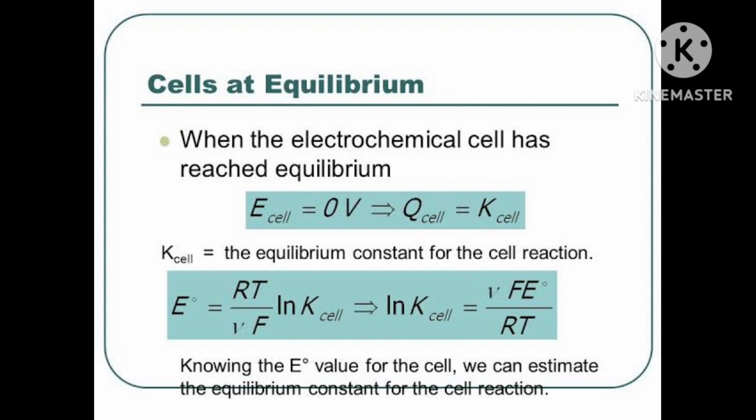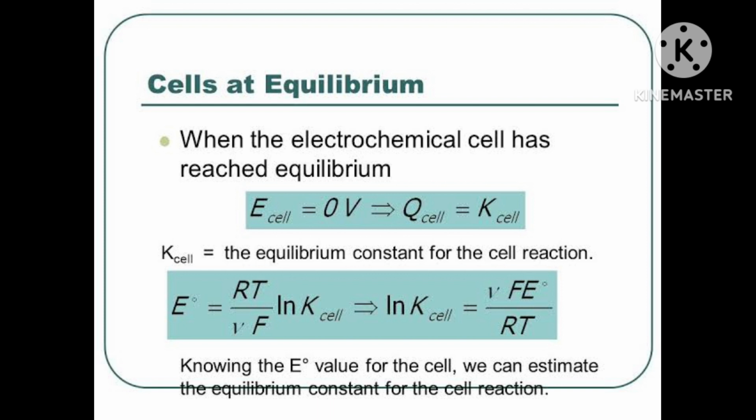Here, how will you calculate the n value? You have to understand that. If you see the balanced reaction, Cu solid plus 2 Ag+ gives Cu2+.